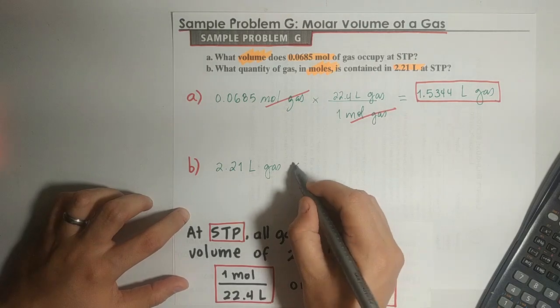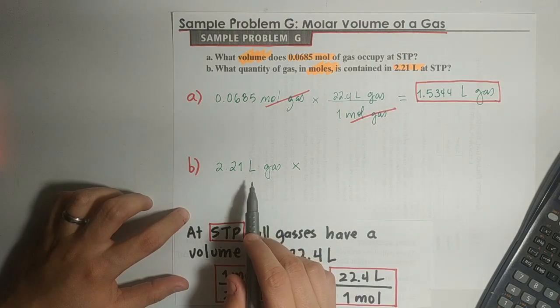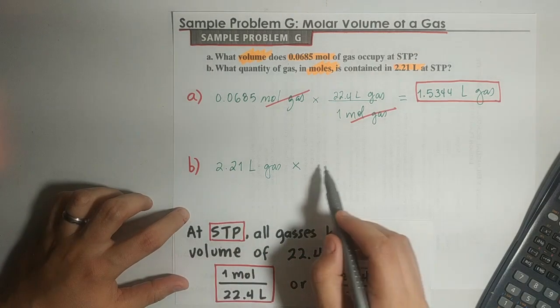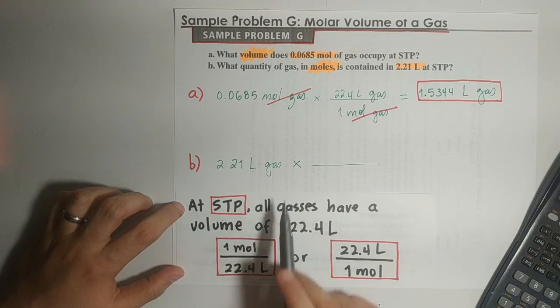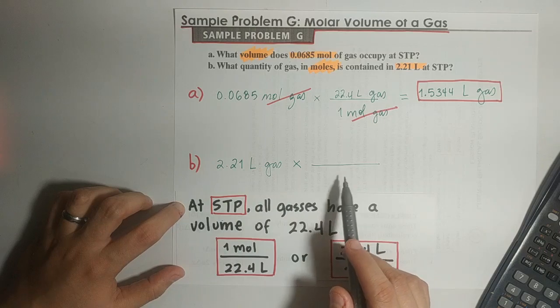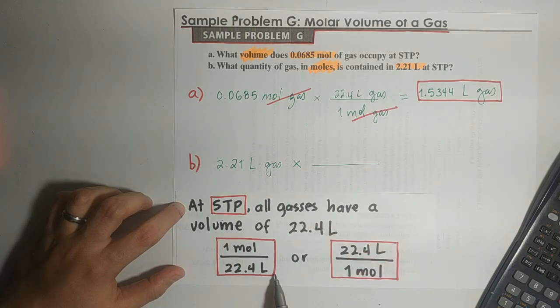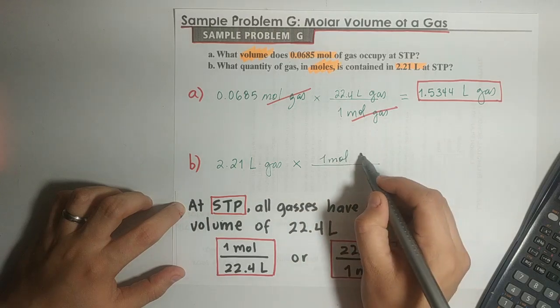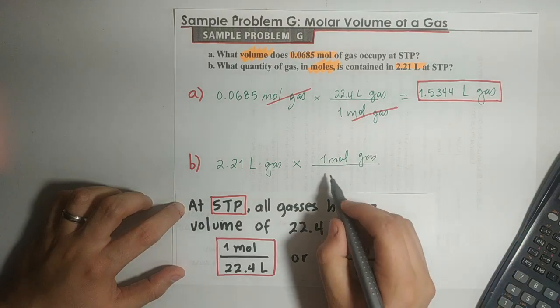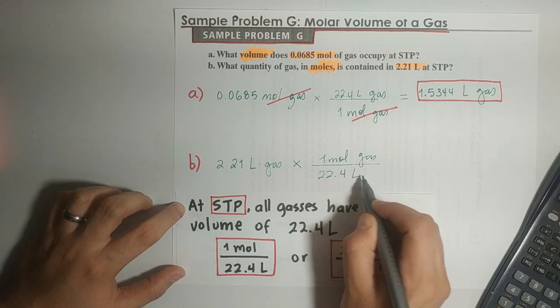Now, here I have liters. Liters are given, and it's in the top. Now, the relationship that I will choose is the one that has liters below, so I can cancel. I will choose number 1 expression, so I say in 1 mole of the same gas I have 22.4 liters.